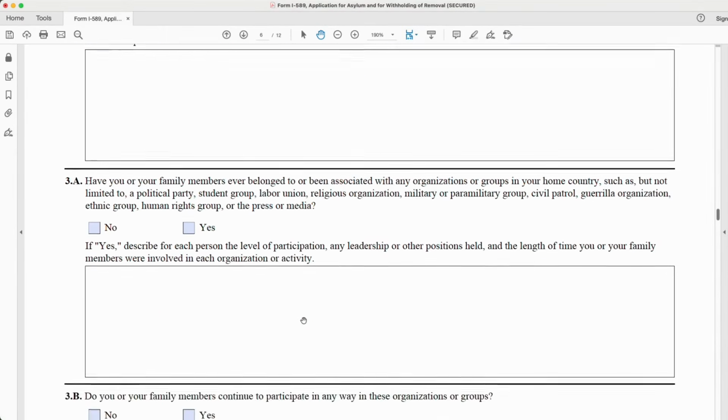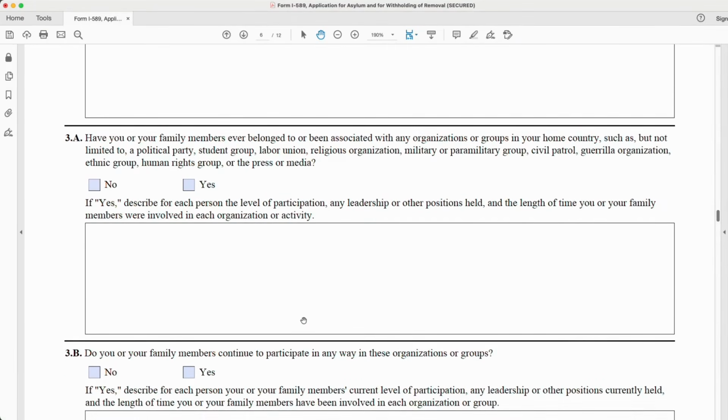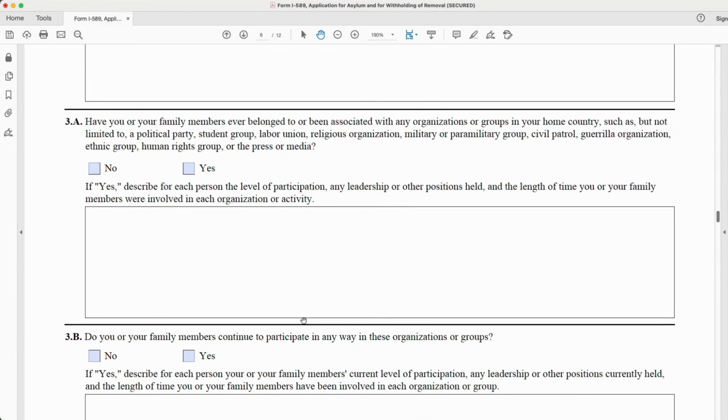Question 3A asks if you or your family members have ever belonged to an organization or a group in your home country. If not, you can check no. But if you have, you can check yes.